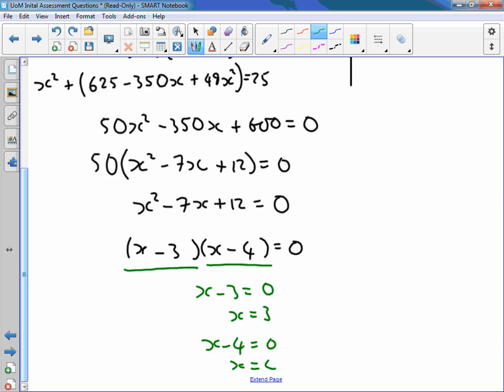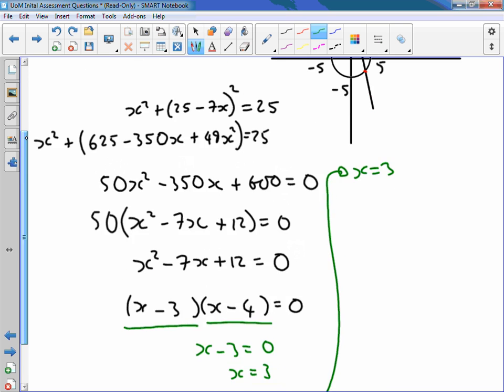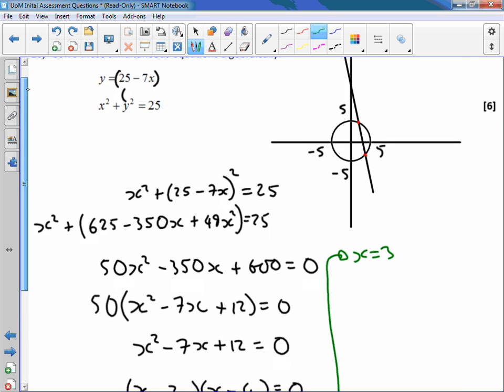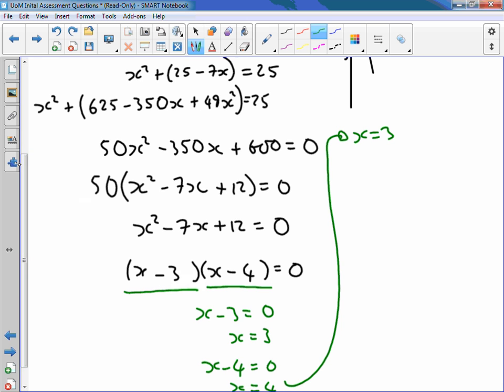And once again, I'm not quite finished yet. We've worked out what x is, but now I need to work out what y would be. So if x equals 3, I can substitute that back into my 25 minus 7x. So y is going to be 25 take away 7 times 3, which leaves me with 4.